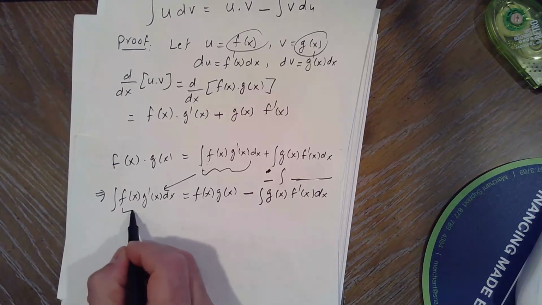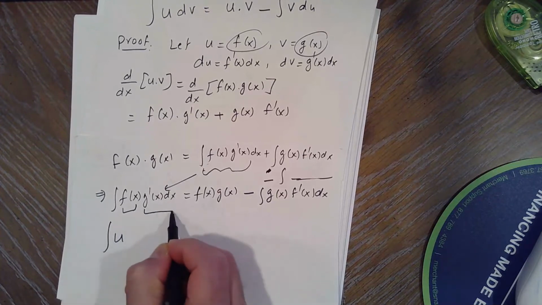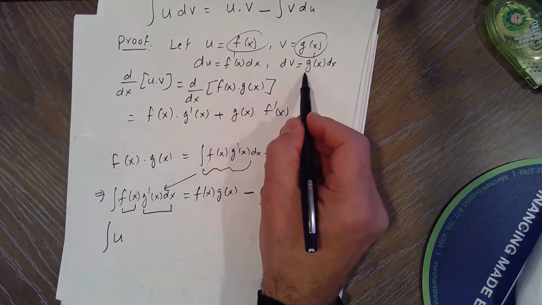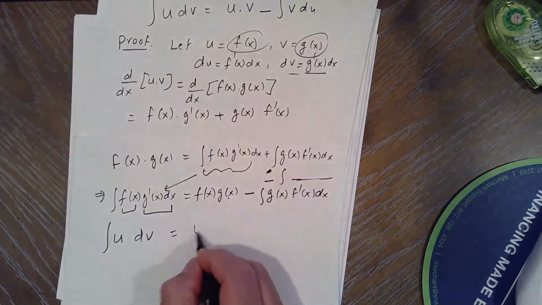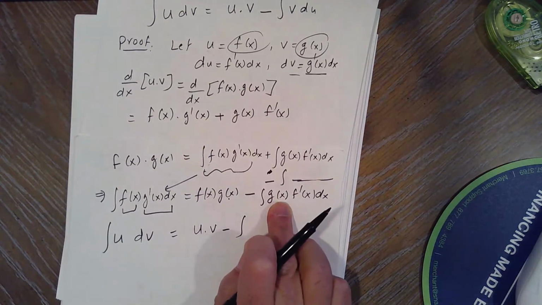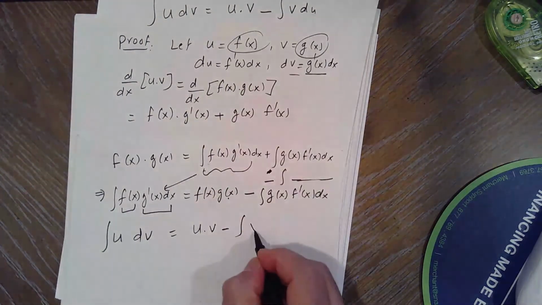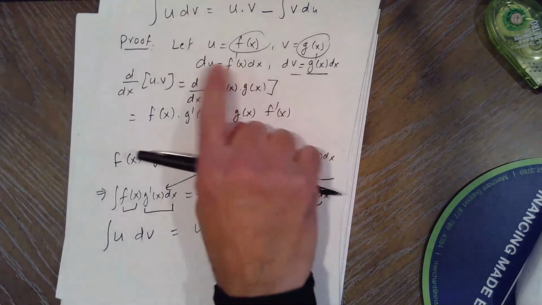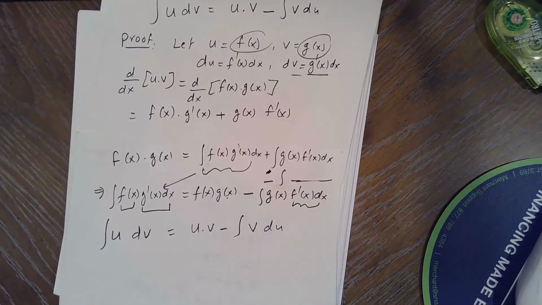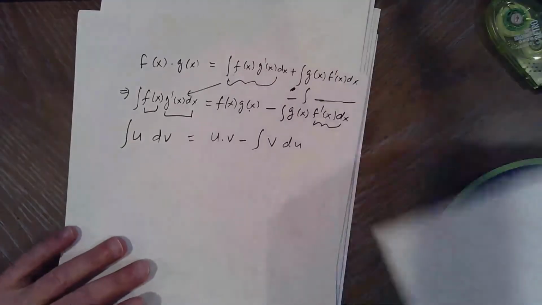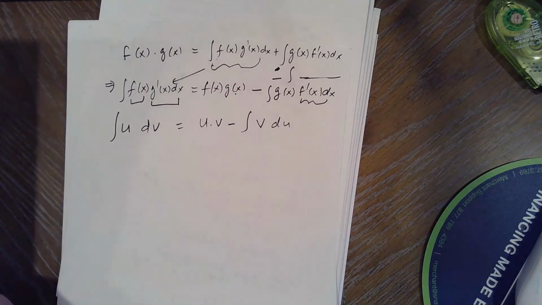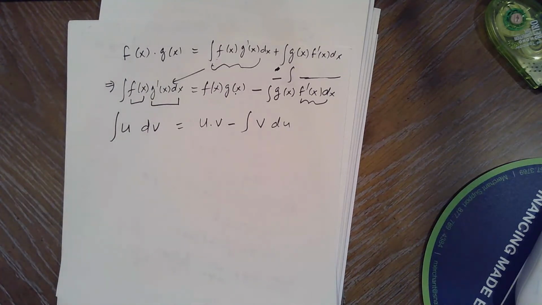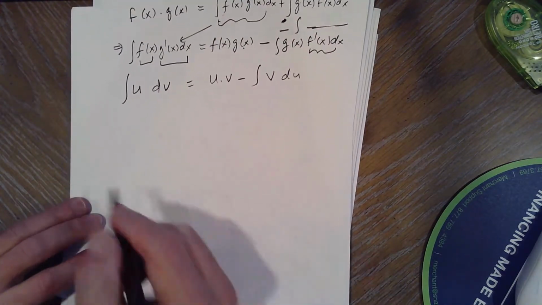So remember, u is f of x, g prime of x dx is dv. So integral of u dv equals f times g, which is u times v, minus integral of g is v, and f prime of x dx is du. And that's what we call integration by parts. So how do we use this integration by parts? We know the rule, now how to use it is a totally different story. So let's talk about that.